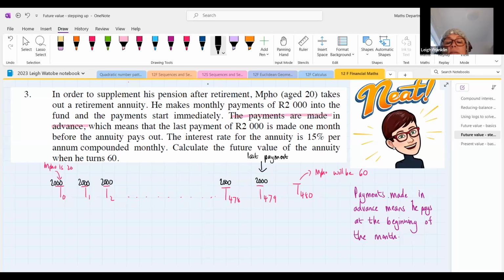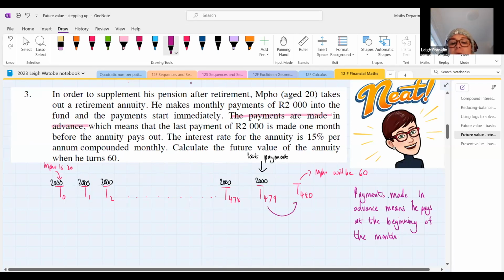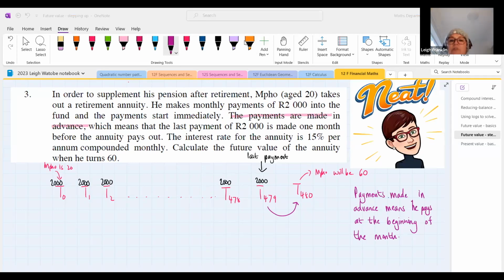The annuity pays out at T480 when Mpho is 60. You're out by 1, but it's okay. What happens to the money from T479 to T480? Exactly. It's going to earn compound interest. Well done.